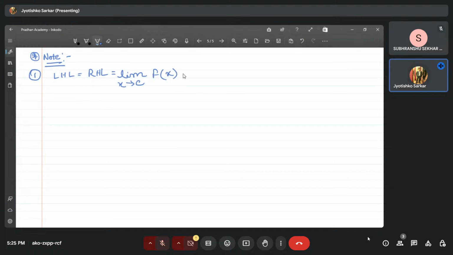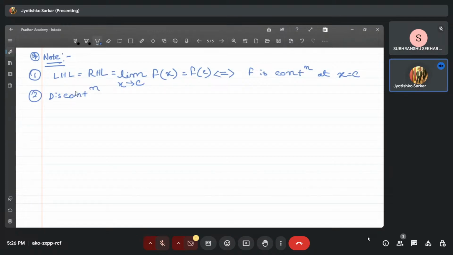Fx equals to Fc. It implies f is continuous at x equals to c. Any one condition from this, if broken, then the function is discontinuous at that point.